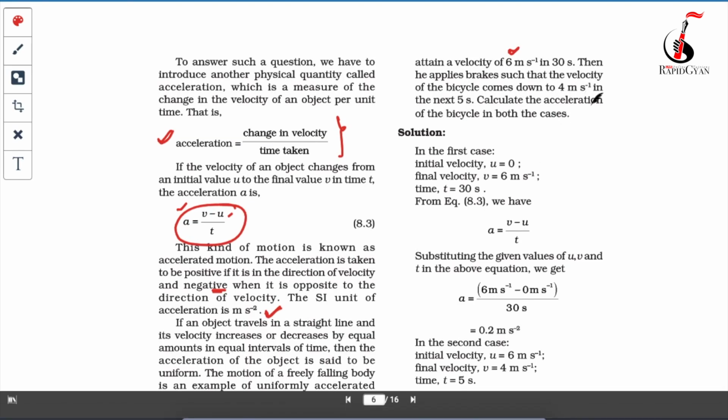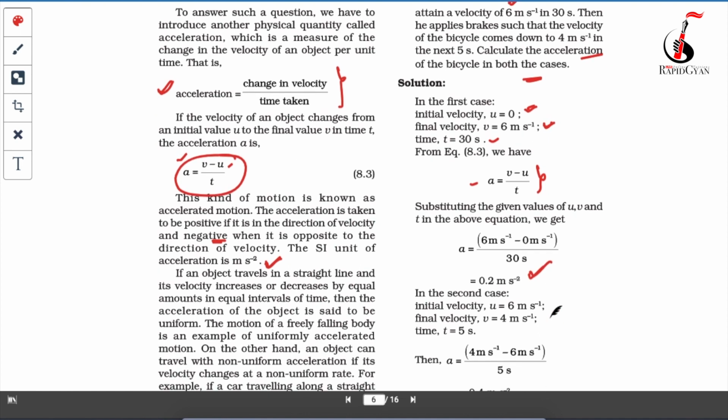So calculate the acceleration of the bicycle in both the cases. So see, in the first case I have told you initial velocity u, final velocity 6, time is 30, a is equal to v minus u upon t. Simply solve this and you will get your answer 0.2 meter per second square.